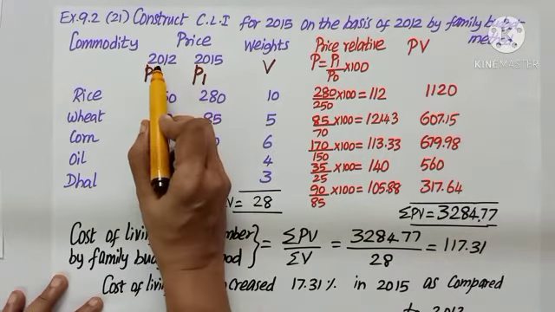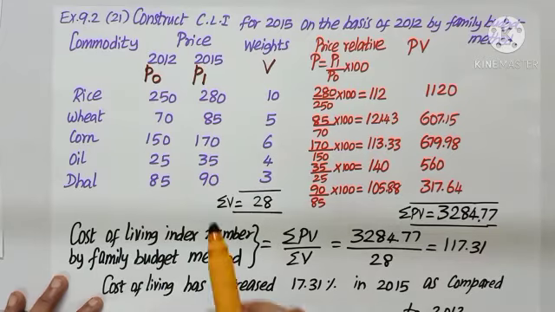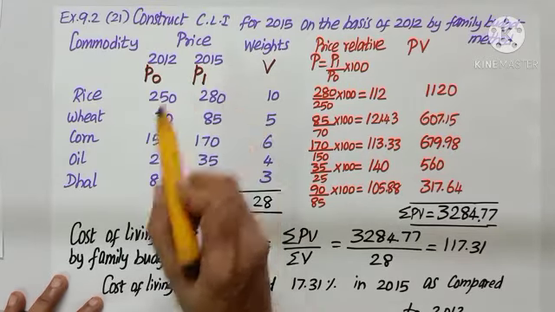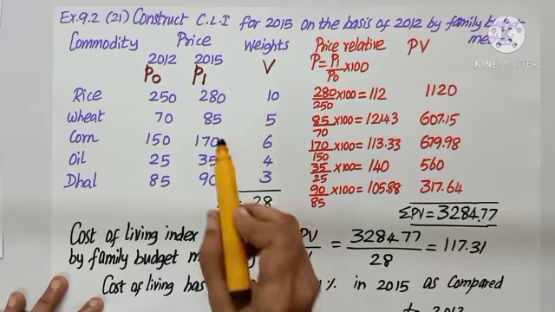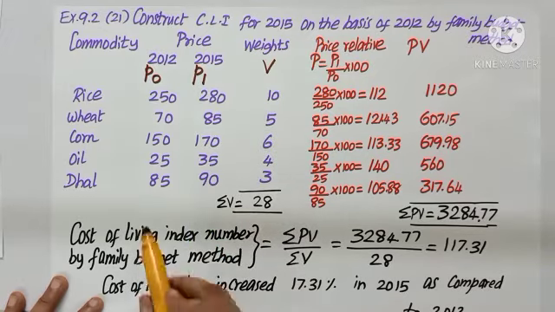Compared to base year 2012, in current year 2015, 17.31% has increased in cost. So the cost of living has increased 17.31% in 2015 as compared to the base year 2012.